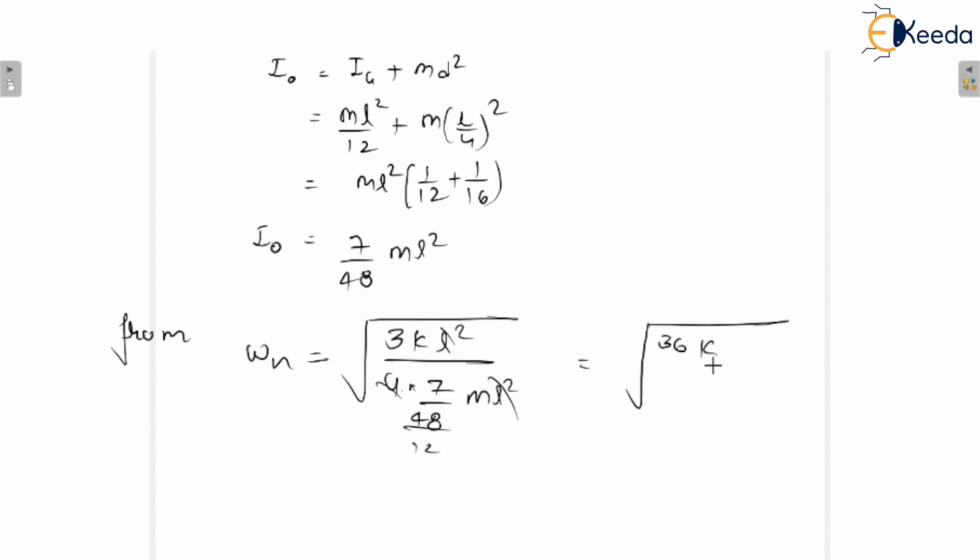L square is cancelled out, and cancelling by 12, you get omega n equal to under root of 36k upon 7m. This is what you get.